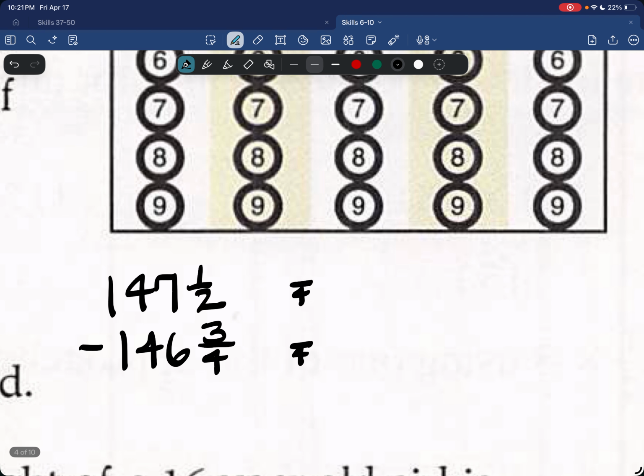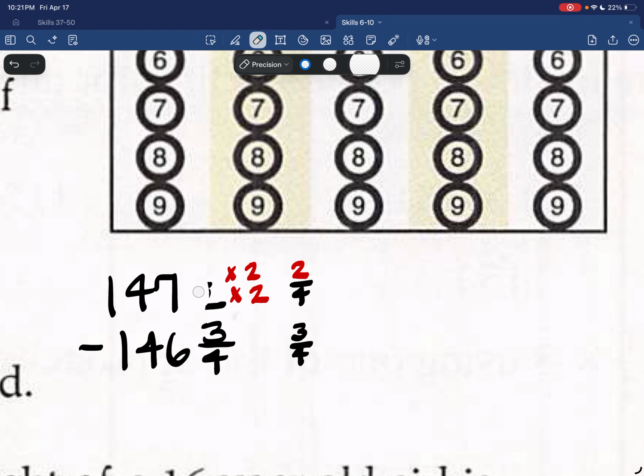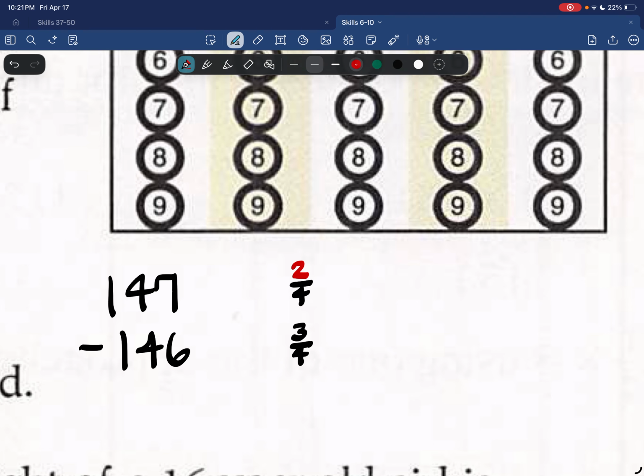All right, this one's already in terms of fourths. You just bring the 3 over. But the 2, we have 2 times 2 is 4. So on top, we would have 1 times 2 is 2. And then once you get those into those common denominators, this part is gone. But I'm subtracting 3/4 from 2/4, and that won't work.